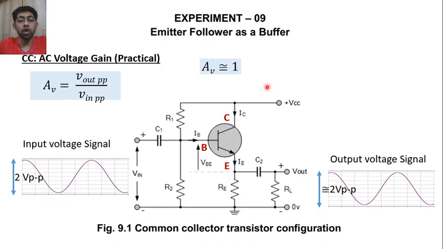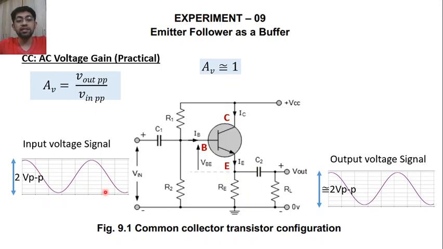Now another thing is, since output voltage is same as the input voltage, you can see that output voltage is a 2 volt peak to peak sinusoidal wave, which is same as input voltage, which is 2 volt peak to peak. And we are taking the output from the emitter terminal, so we can say that the output available at the emitter terminal is following or copying the input voltage.